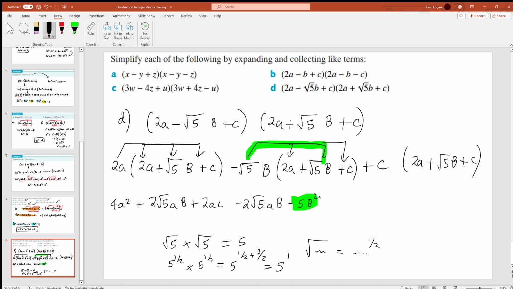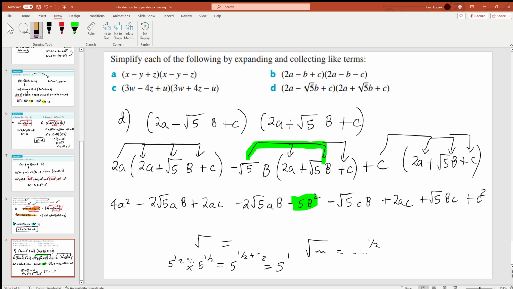Then we're going to have minus square root 5cb. Then we're going to have these guys getting multiplied out. So we're going to have plus 2ac plus square root of 5bc plus c squared. Now we pretty much look for like terms, same as before. So we know that's not a like term.